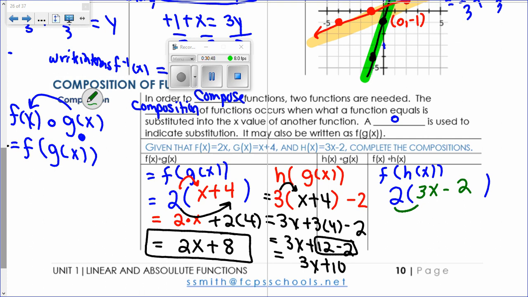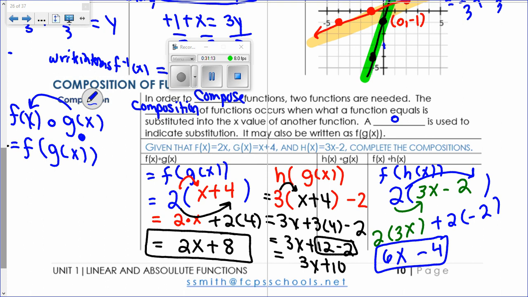Distributing, 2 distributes to 3x, so 2 times 3x. And then the 2 distributes to negative 2, plus 2 times negative 2. You simplify. What's 2 times 3? 6. And the x just comes down. Plus 2 times negative 2. Easy peasy. Almost done. I think the next part is we're just putting values in values.